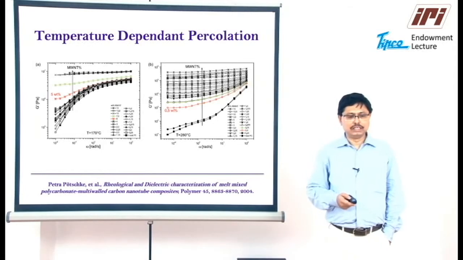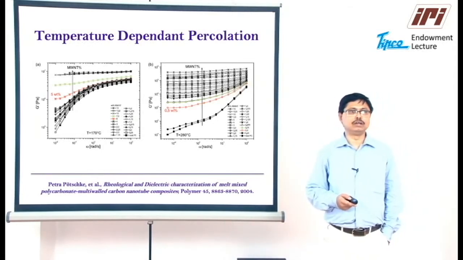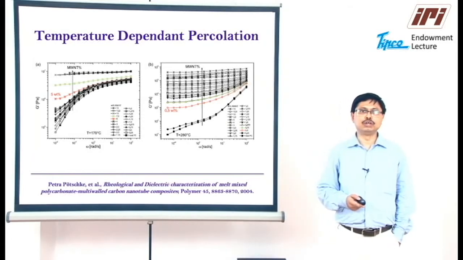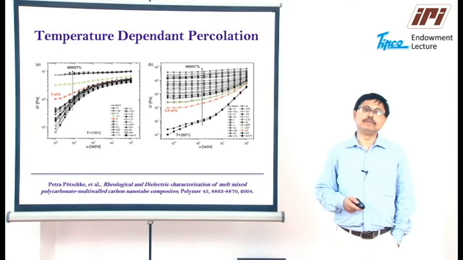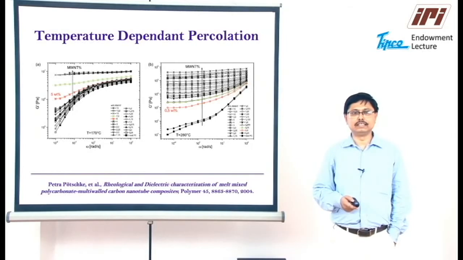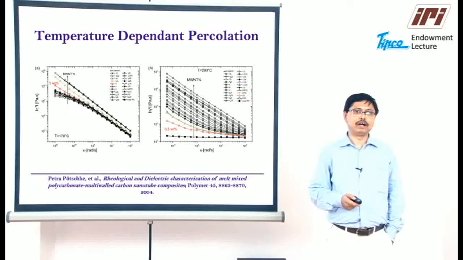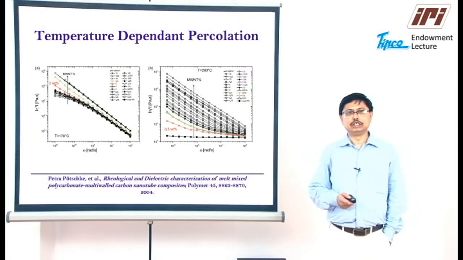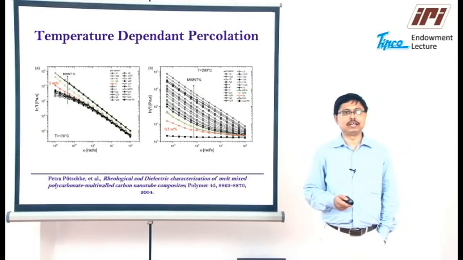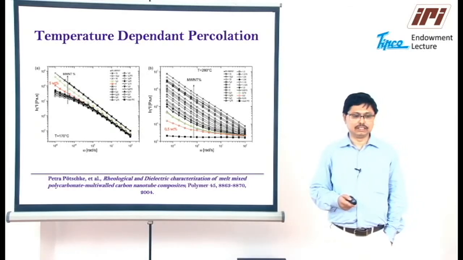These polycarbonate materials with varying percentage loading of multi-wall carbon nanotubes showed that the rheological percolation is different when the experiment was carried out at 170 degrees centigrade versus 280 degrees centigrade. So based on all these observations, one can find that there is a difference in the storage modulus versus frequency as well as complex viscosity versus frequency behavior in this composite material.